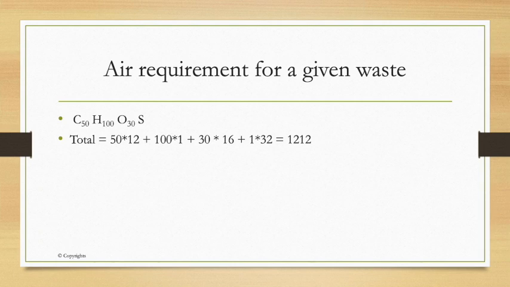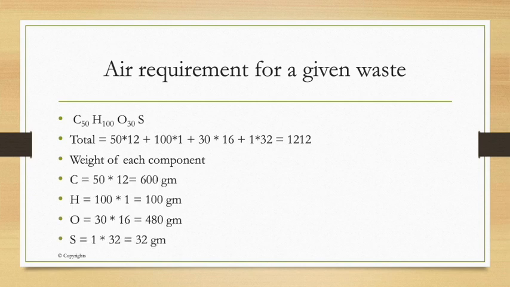Each 1 gram of hydrogen needs 8 grams of oxygen. And as you can see here from the chemical formula, the amount of oxygen provided by the waste is 480 grams. As we said before, this amount of oxygen will react first with some of the hydrogen found in the waste.